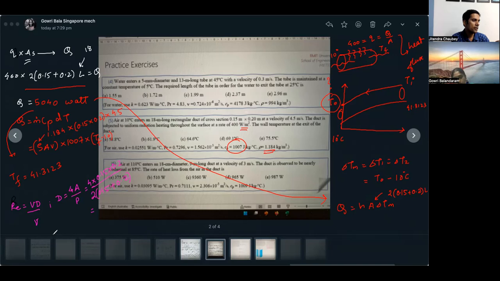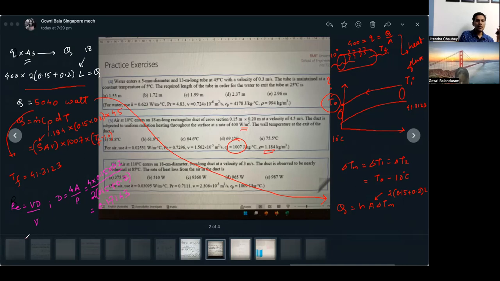How much did you get? 0.1714, or 0.17143. So this was the diameter.